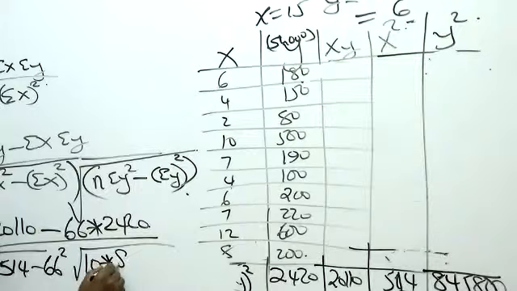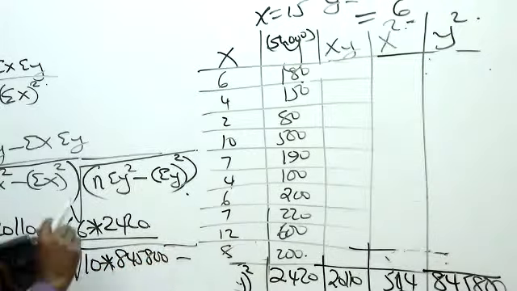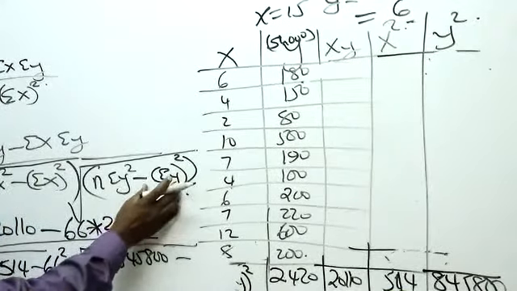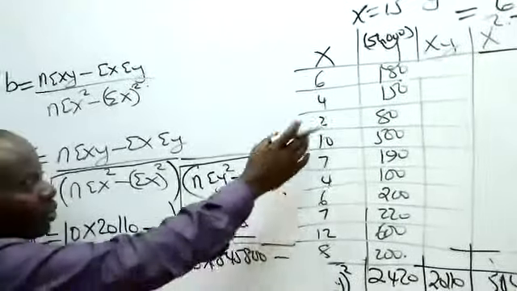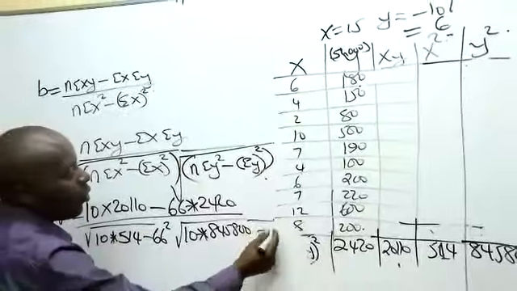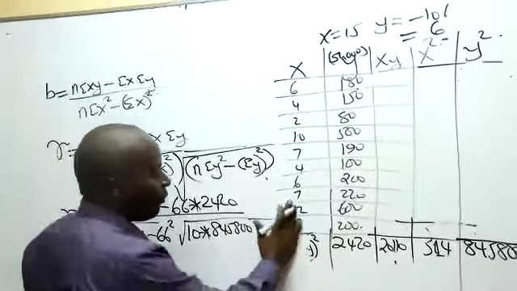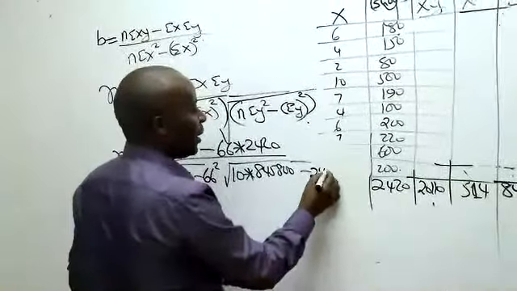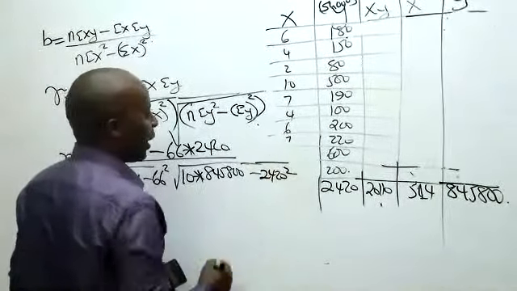Summation of y squared is 845,800 minus summation of y alone, in brackets. Summation of y is 2420, but we do what here? Somebody will square like that.